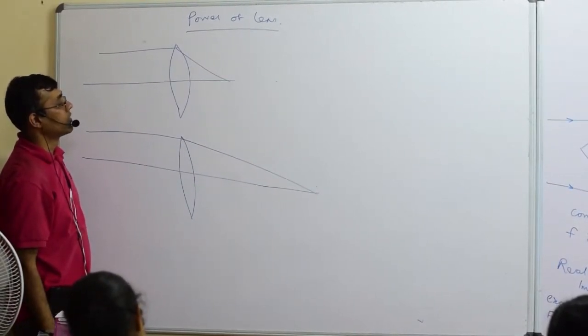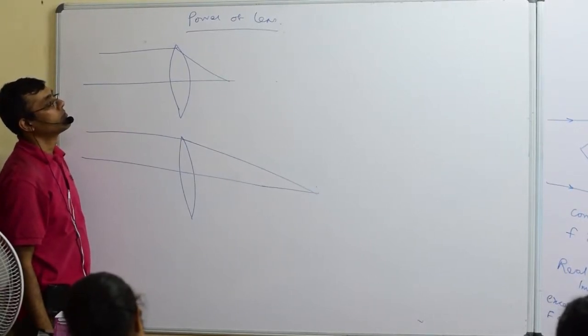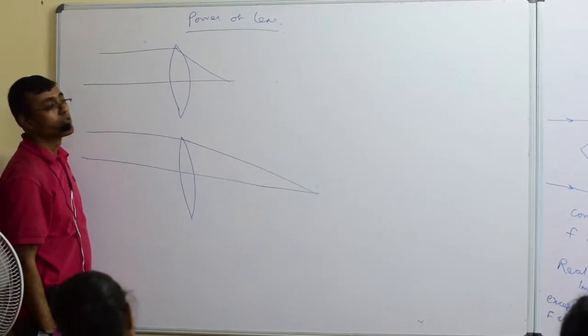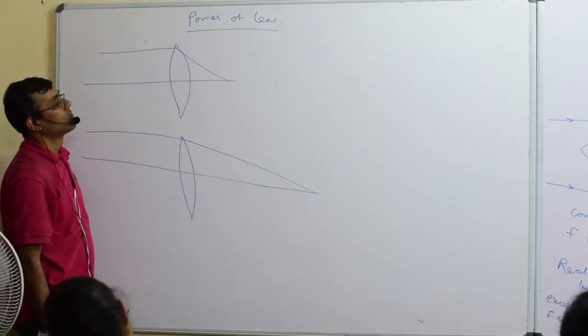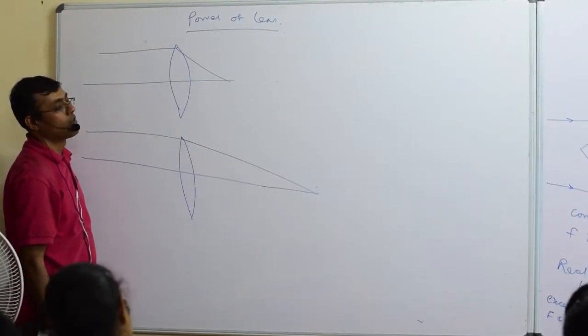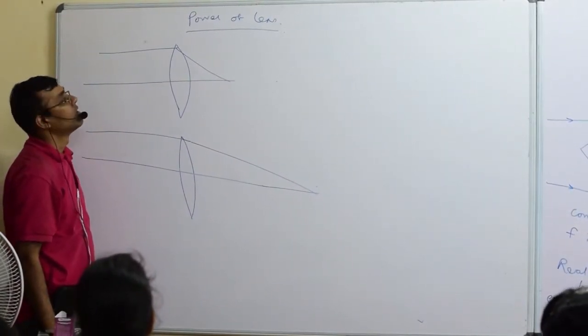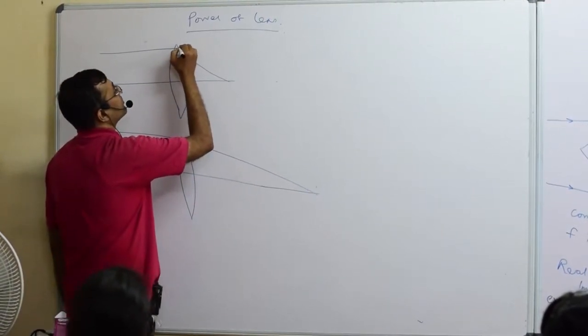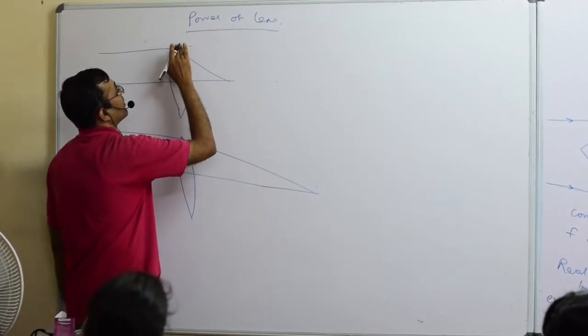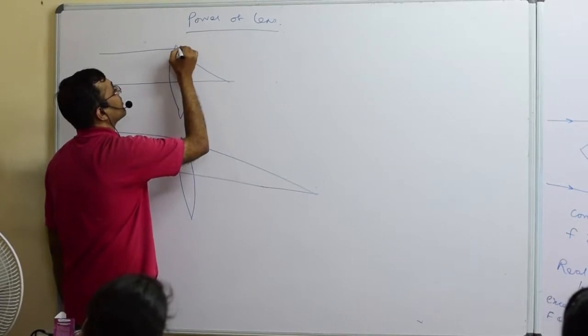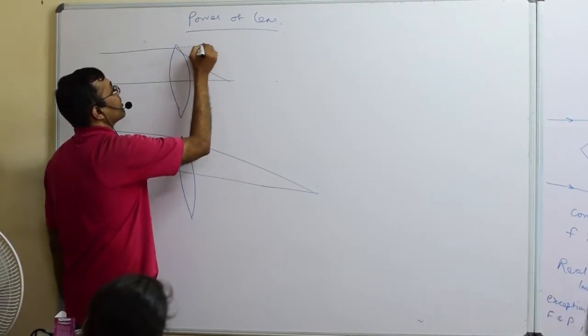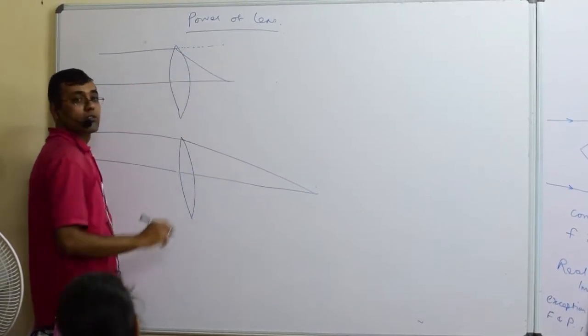So which one do you think is more powerful? Lens 1, yeah. Because yes, you remember the formula 1 by F, right? But the way they have understood the power is, please listen carefully here. If I take this ray, it's supposed to go straight like this, right?